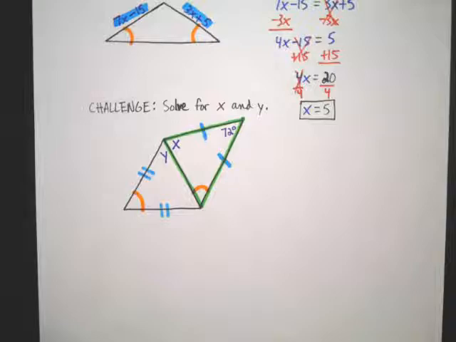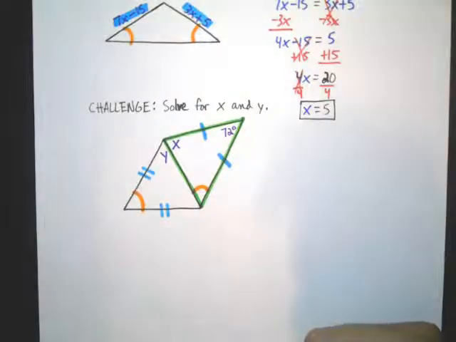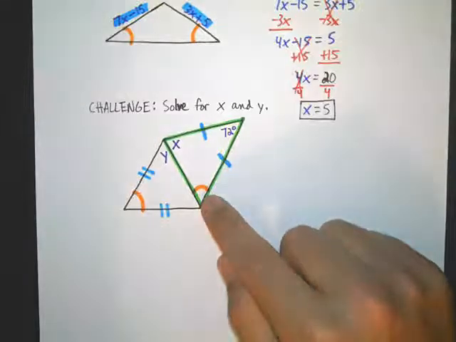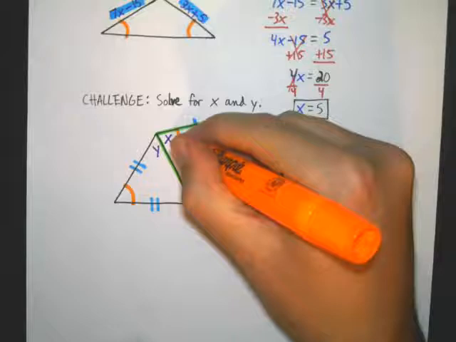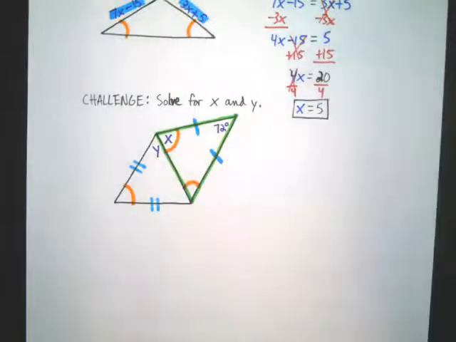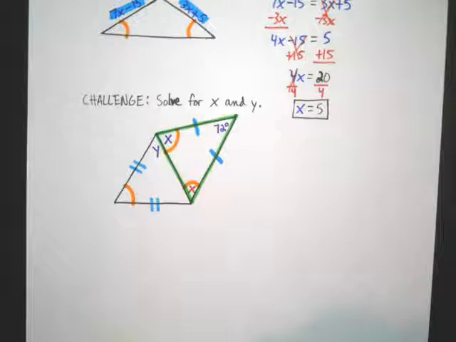Now we can see that the congruent legs are marked for us, and one of the base angles is marked for us. Well, I'm going to go ahead and mark the other base angle, which is the one with x. So if base angles are congruent, that means that that base angle is also worth x. So for this green triangle, we are going to do the triangle sum theorem.